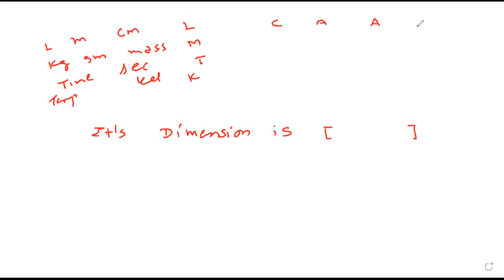So we have seen here I upon area. Area means meter square. So when I see I, what will I write in dimension? I means current. When we see current or unit ampere, what do we write in dimension?